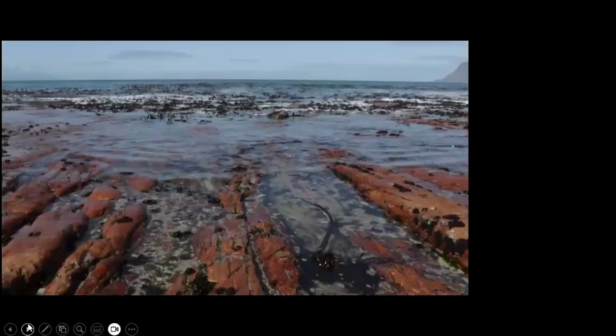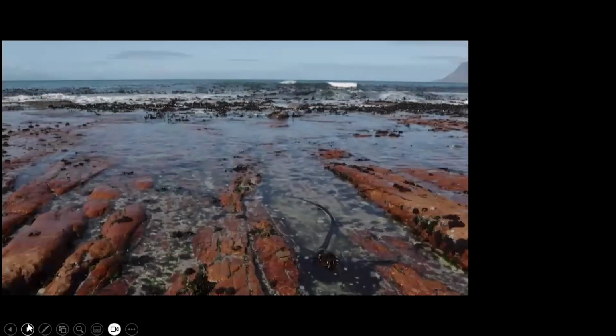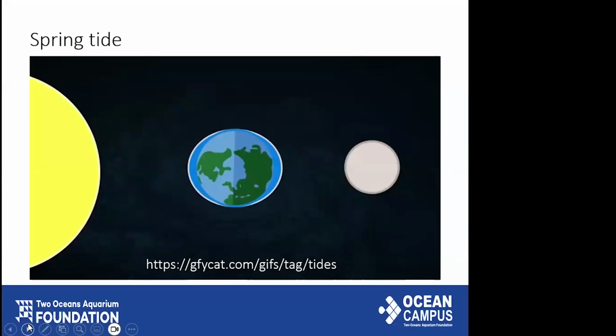Exactly it. So the main cause of the tides is the moon, the gravitational force of the moon pulling the water towards it. But in addition to that, the sun also has an additional impact on the tides, and it actually reinforces it. So I'm going to go through that a little bit. Firstly, the moon is the main reason why we have tides.